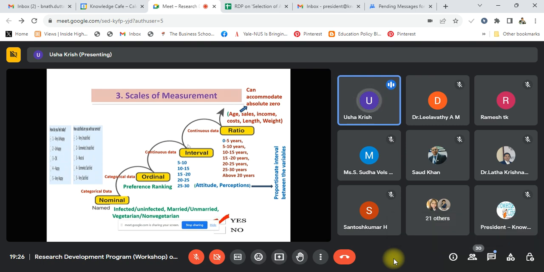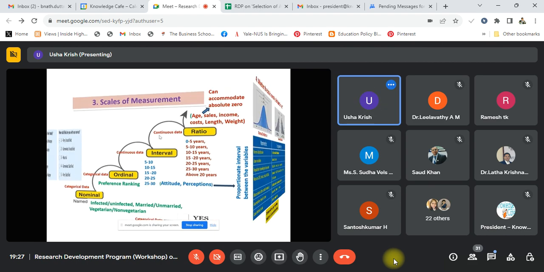On the other hand, if I have continuous data relating to cost or sales or age, wherein the lower limit of the first class is zero, I should use ratio scale. This is about the scales of measurement.